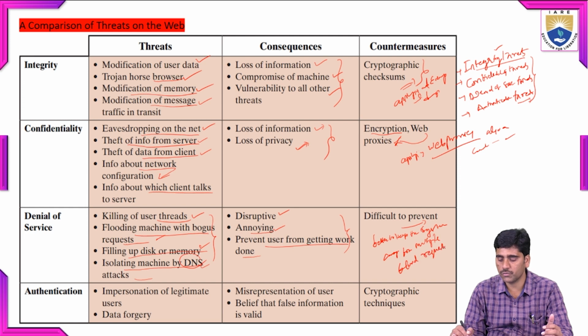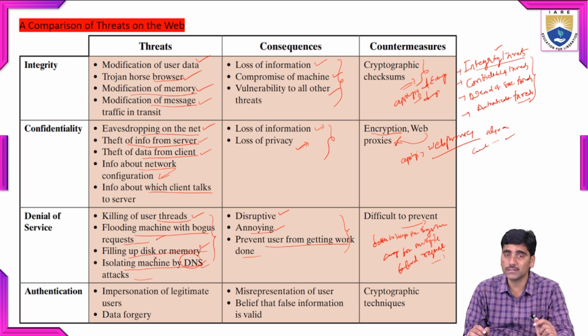When you keep it away from the multiple flood requests, the flood requests cannot reach the system. And the fourth one, authentication. For these authentication threats, impersonation of legitimate users.